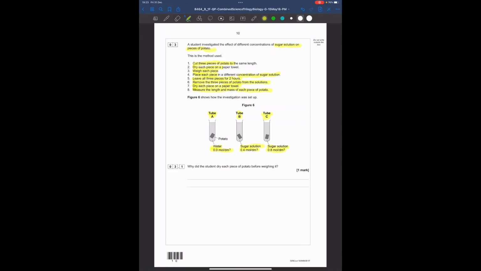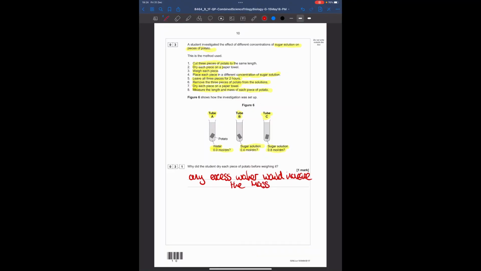Question 3.1 says, why did the student dry each piece of potato before weighing it? Well, if there was already any solution or water on the outside of the potato, then that would increase the mass. So any excess water would increase the mass.